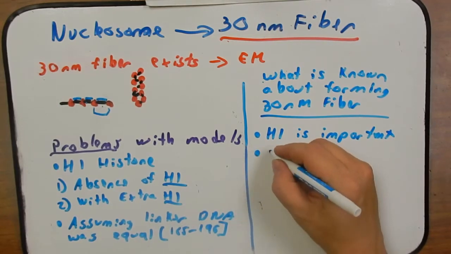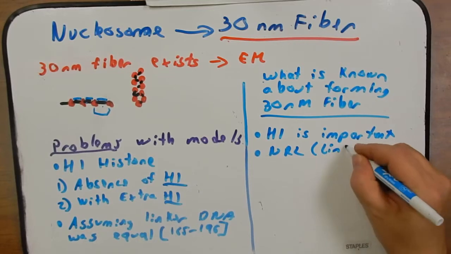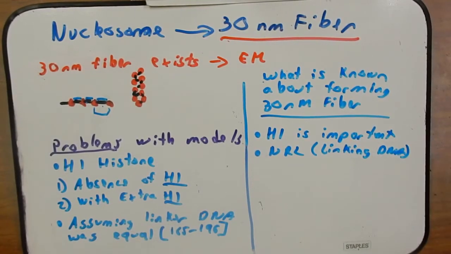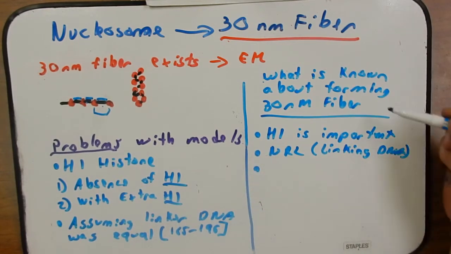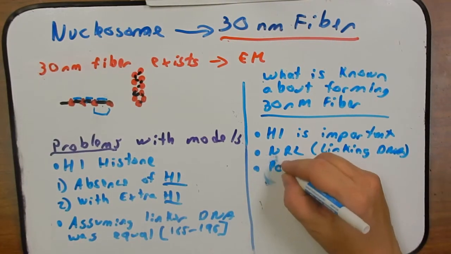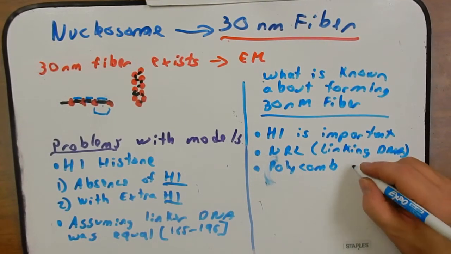We also know that the nucleosome repeat length is important, or more specifically, that linker DNA is very important. In addition, scientists are beginning to find certain proteins that they believe are important in forming this 30 nanometer fiber. And your book talks about a few of them, and I really want you to focus on just this one. It's called polycomb repressive complex 1.